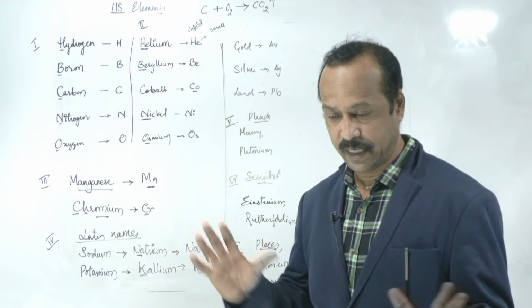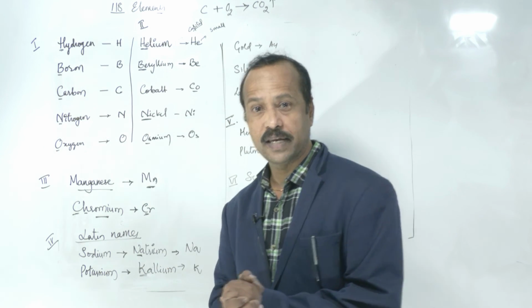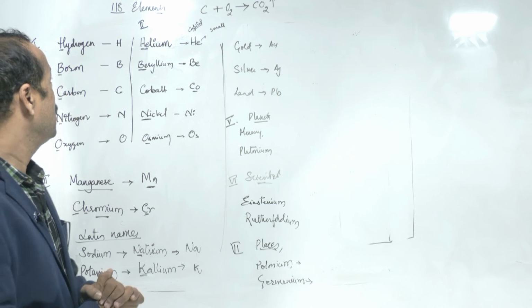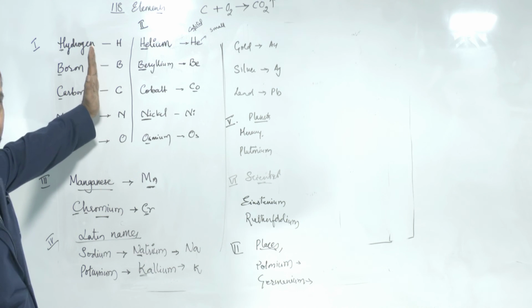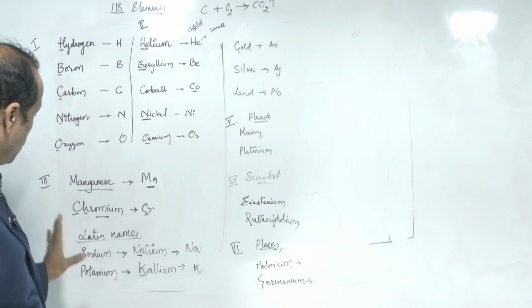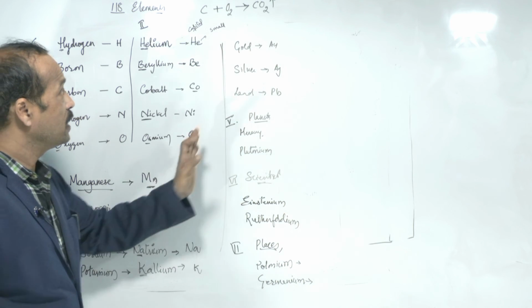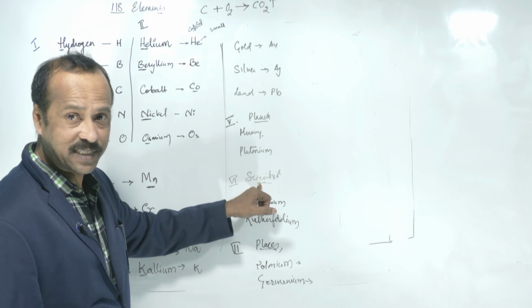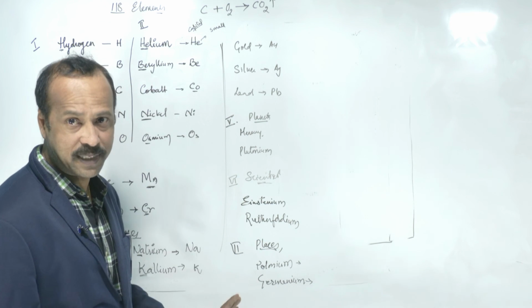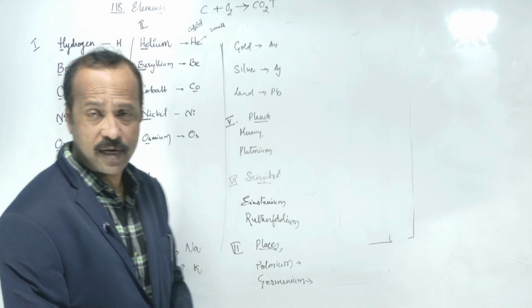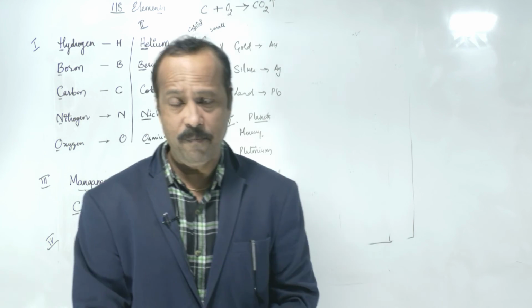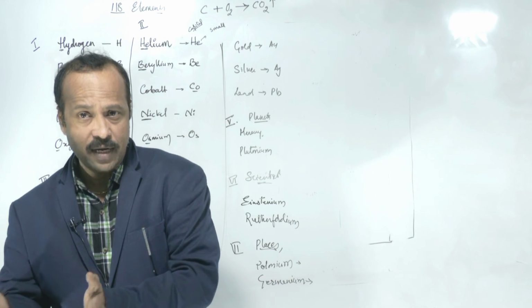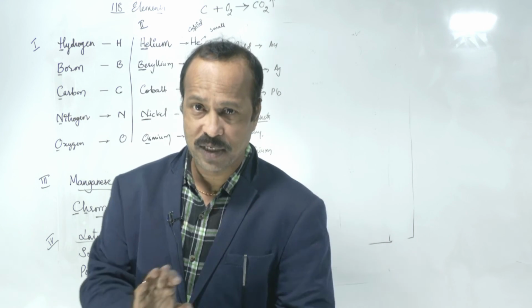These 118 elements were given names based on their Latin names, based on planets, based on scientists' names, and based on places also. So a total of 118 names were given, and 118 symbols were given.